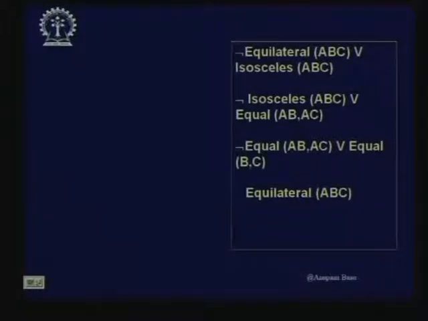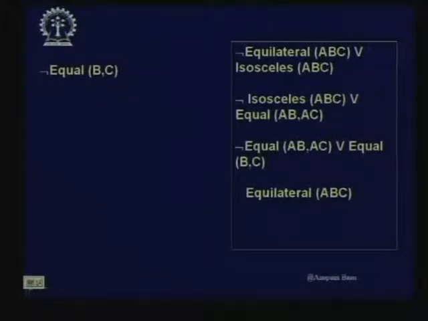Let us look at this animated resolution. We have got in our knowledge base all these clauses, equilateral ABC or isosceles ABC, etc., all these that we have discussed, and this is the one we want to disprove, not equal BC. In order to prove equal BC, we want to disprove not equal BC, and then we have to resolve it, and from here we will have to select one clause where we have got the negation of this, equal BC.